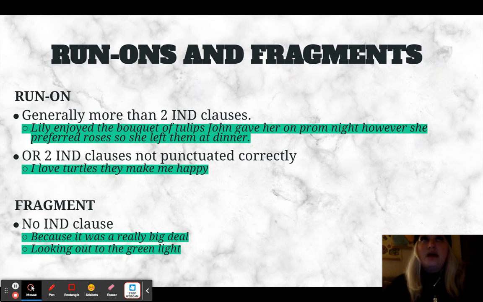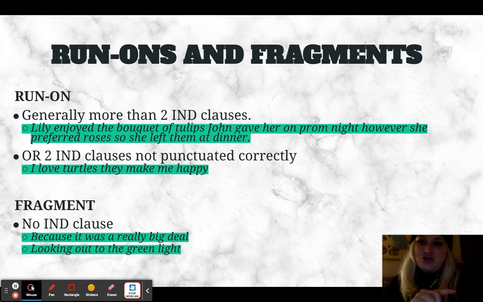So, when I talk about in your papers, when I write run-ons or fragments, this is what these mean. Run-on is when you have two or more independent clauses and no punctuation. Lily enjoyed the bouquet of tulips John gave her on prom night. However, she preferred roses, so she left them at dinner. Whoa, okay? We have multiple independent clauses in there. Lily enjoyed, okay? Subject, verb, the bouquet of tulips John gave her on prom night.